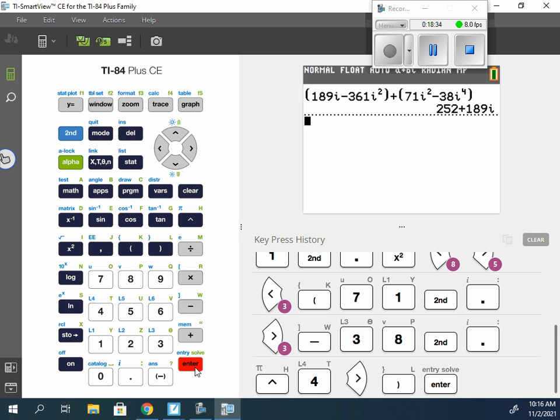I think I did put 71 squared. Why did I get 38? Oh, what did I put? 28.